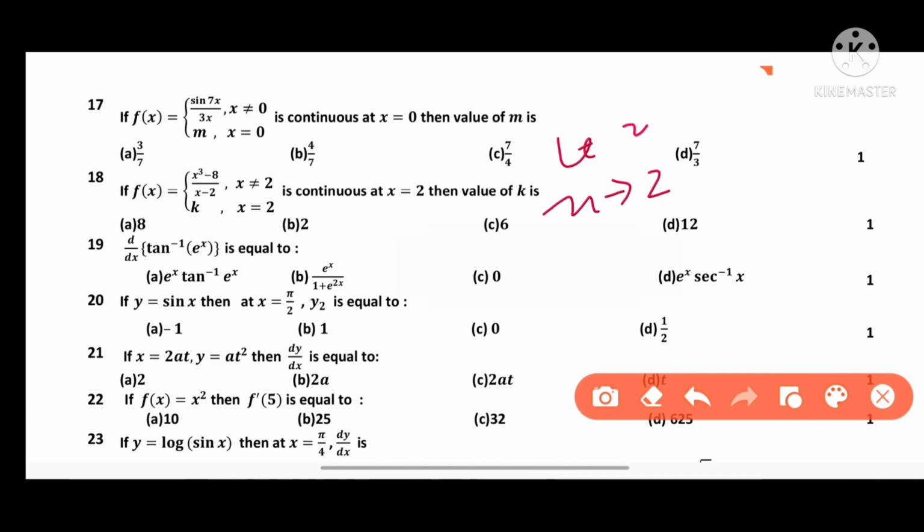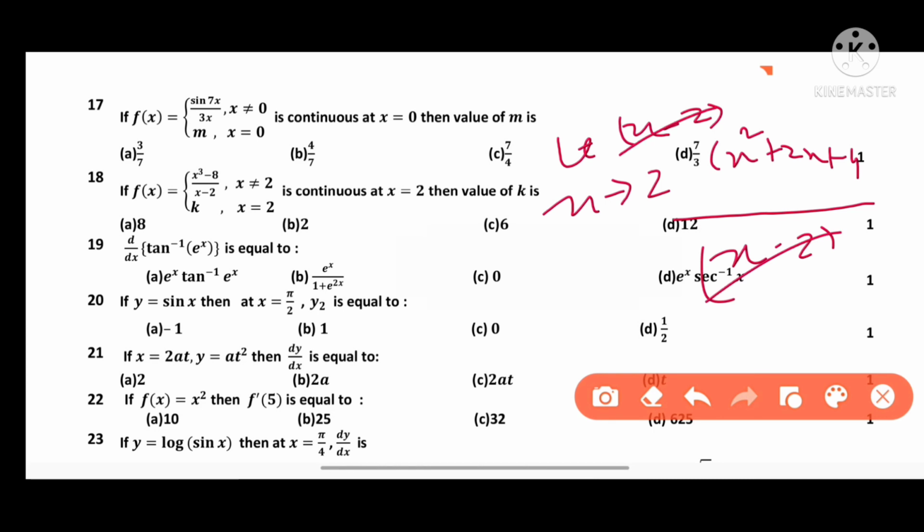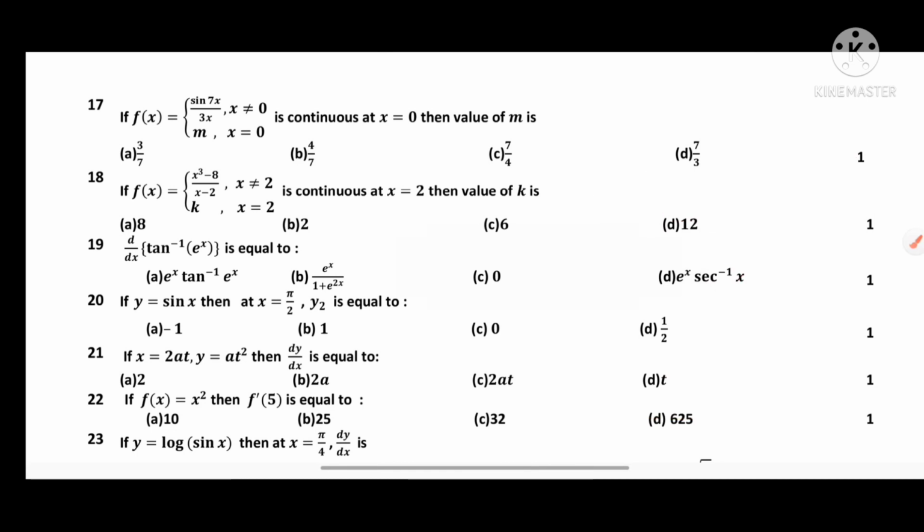Now by factorizing, (x minus 2)(x square plus 2x plus 4) divided by (x minus 2), x minus 2 cancel. Now by putting limit, k is equal to 12. So answer is D option.